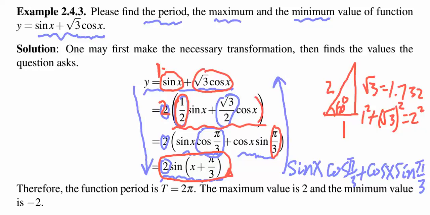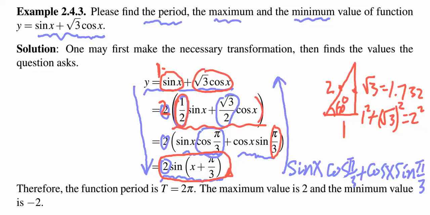All right. And then the opposite side, radical 3 over 2, is sine pi over 3, the opposite side over the hypotenuse.